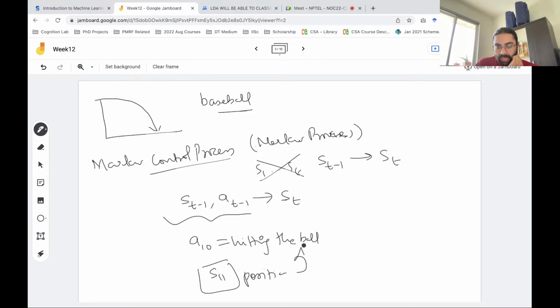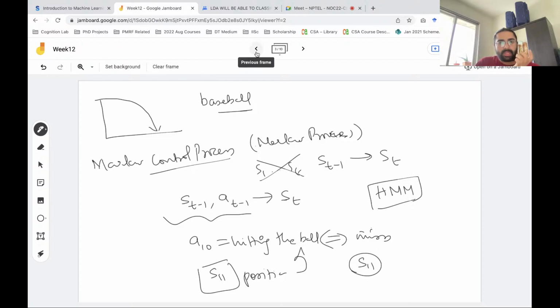If A10 was hitting the ball, then the position would change, and if A10 was, let's say, missed by the batsman, the way your position will change will be different, right? So you cannot model this as an HMM. That's the other idea here. Okay, hopefully this is clear.